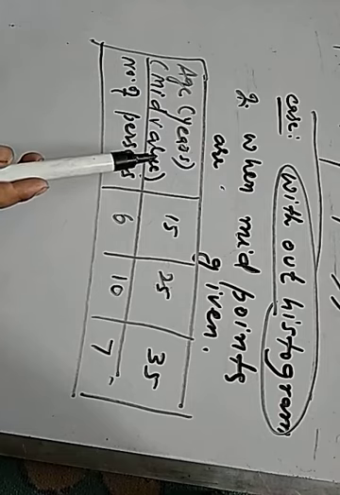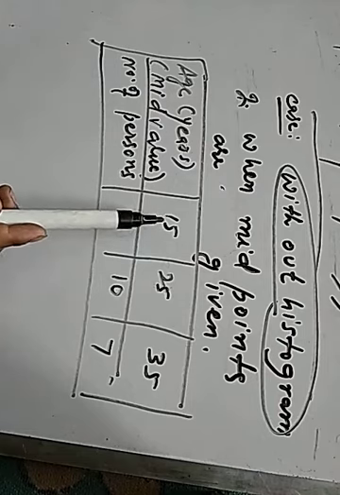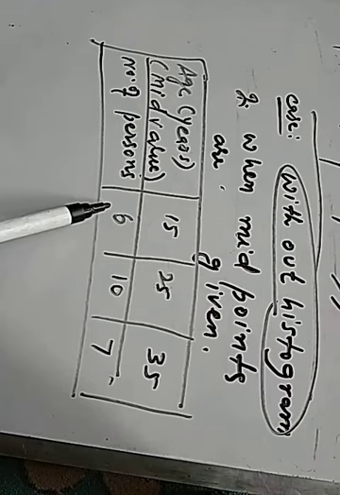Since in this question midpoints are given, frequency also given, we have to directly draw a frequency polygon curve. But again, we have not to draw histogram of this data.